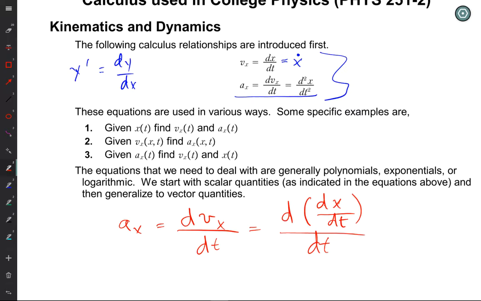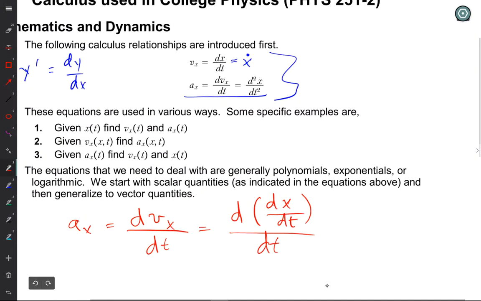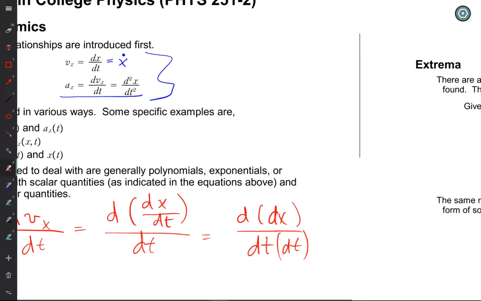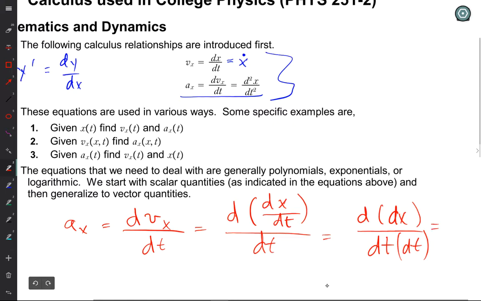And then when I take that d of dx dt, we actually usually write it like this. It's the derivative of x with respect to time twice. And so we combine that. We have the derivative of the derivative is d second x.